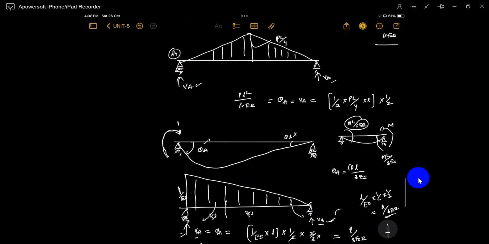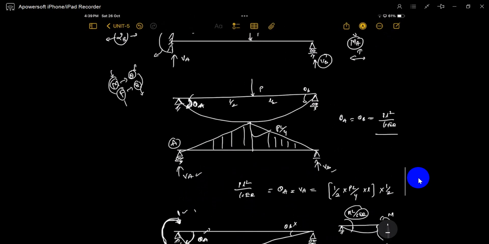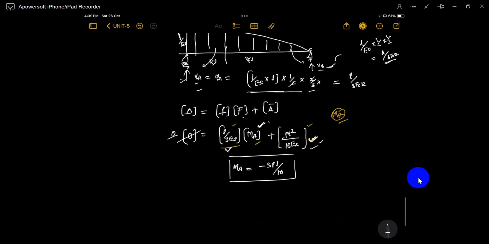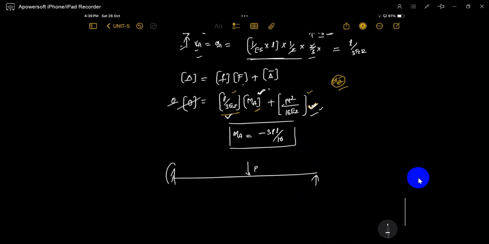We took that direction as clockwise and the rotation as clockwise, so a minus means an anti-clockwise moment. That means you will get an anti-clockwise moment of 3PL by 16.